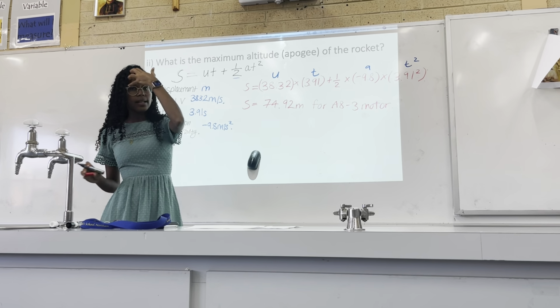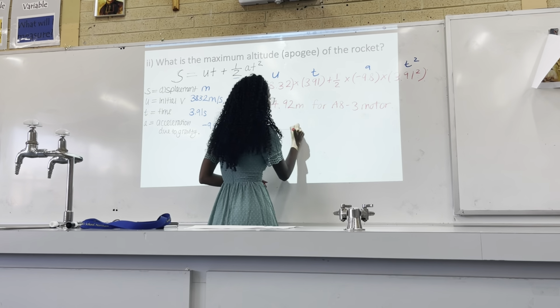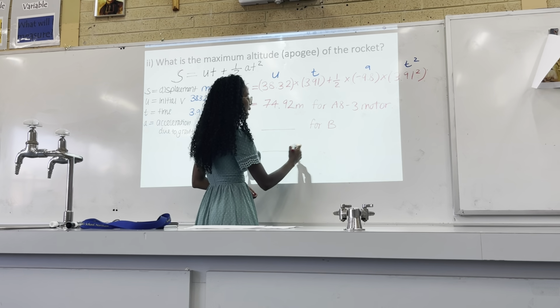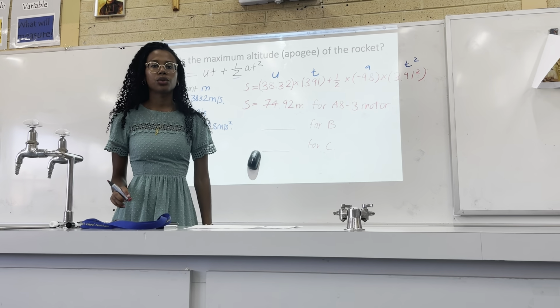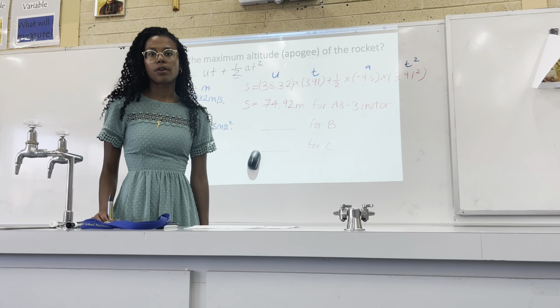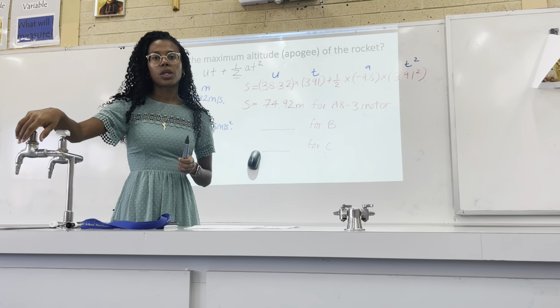74.92. Once again, you're going to have to do it again for the B motor, and then you're also going to have to do it again for the C motor. I want everyone to use C3, but if you have your own data, you can use your own data as well. If you're using other people's data, make sure you keep to one type.